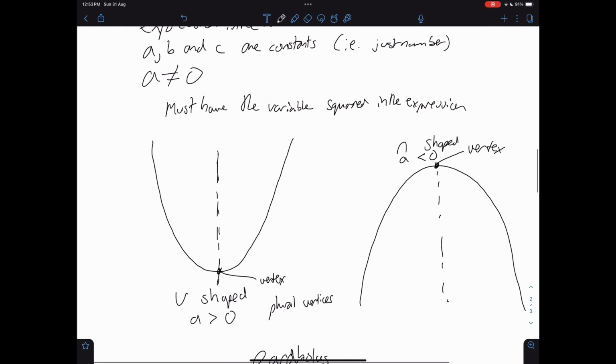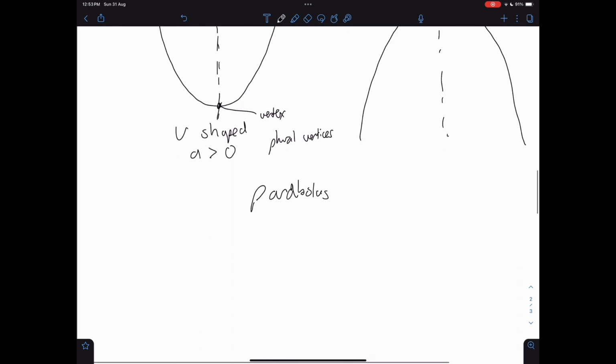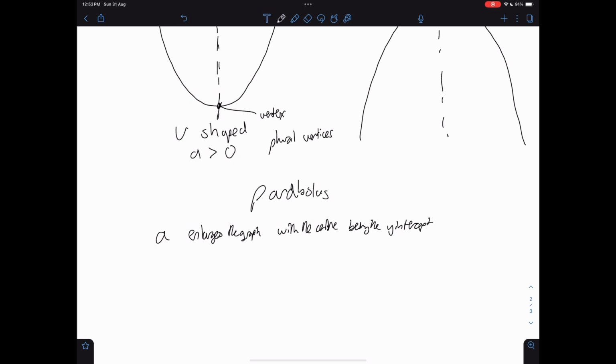What A does actually, A enlarges the graph from the y-intercept, with the center being the y-intercept, and that's by a factor of 1 over A.